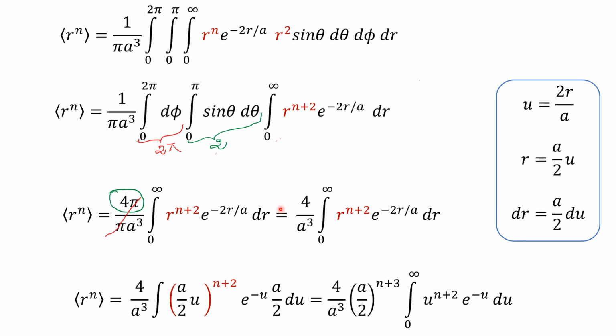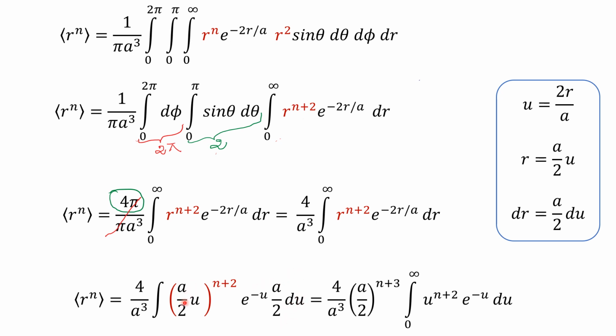We have 4 over a cubed, and r power n plus 2 will become a by 2 u power n plus 2. Then minus 2r over a, which we are taking as u, becomes minus u. And dr is replaced by a by 2 du.